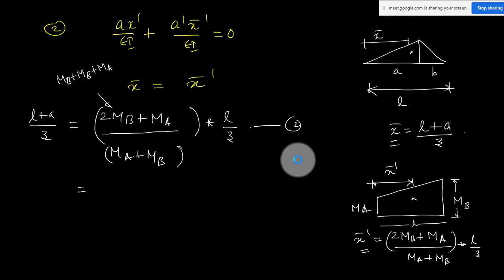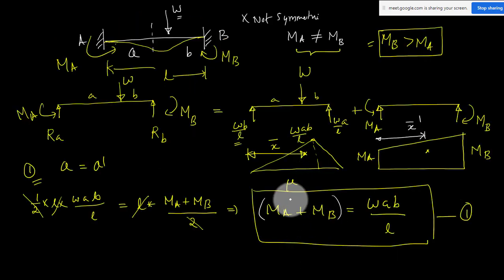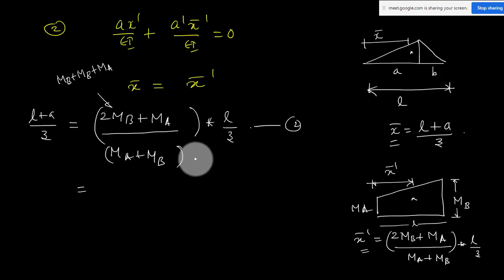Don't worry about how to solve it. I have two equations. This is my unknown, this is my unknown. All the remaining are known values. Here, instead of values, it is given as A, B and W. It can be 10 kilonewton, 2 meter, 3 meter, something like that. So basically these are all known values. Your unknowns are MA and MB only, and I have two equations in terms of MA and MB. So basically two unknowns, two equations.